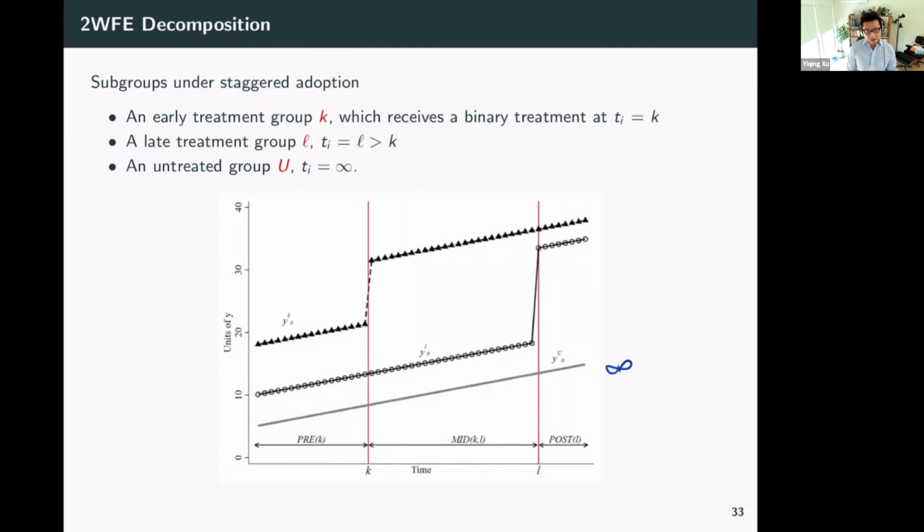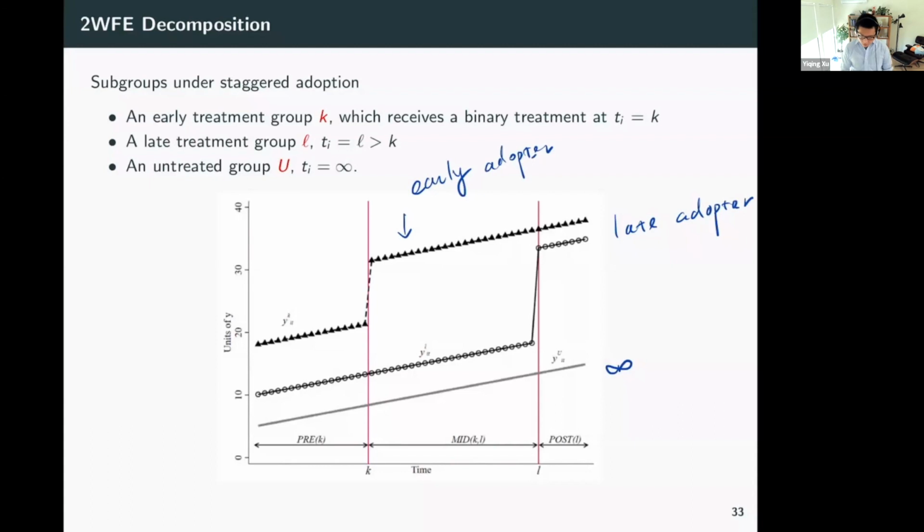I shouldn't say never taker, this is confounded with IV. So we just call them the untreated group, never treated. And then there's a group that is an early adopter, and there's a late adopter. The difference is that they adopt the treatment at different times.